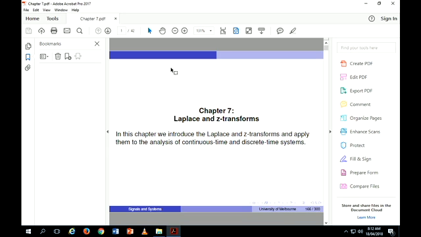So the difference is s and omega. You can see I can write s as a real part plus an imaginary part. If my sigma equals 0, that indicates this will be exactly the same as my Fourier transform, and you completely ignore the signal from minus infinity to 0, right?